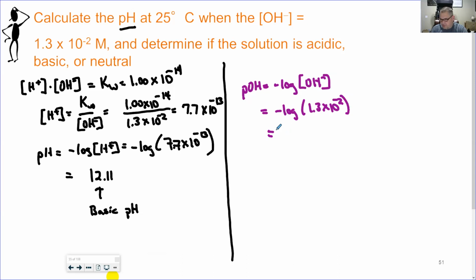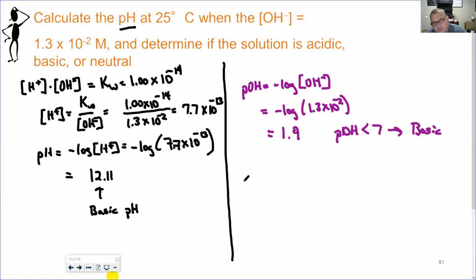So the negative log, oops, clear, negative log of 1.32 times 10 to the minus 2, and I find that that is 1.9. So if pOH is less than 7, that implies that the solution is basic as well.